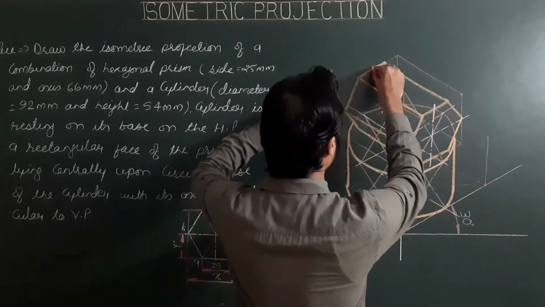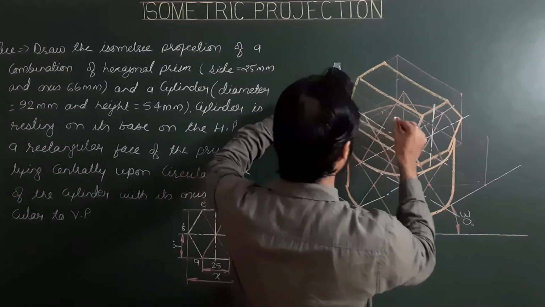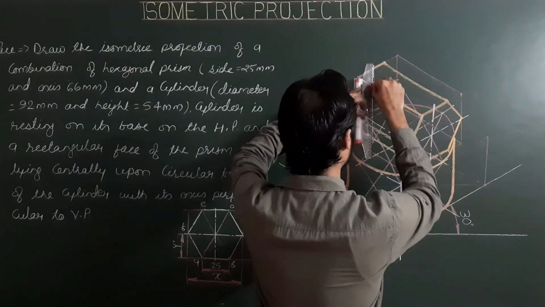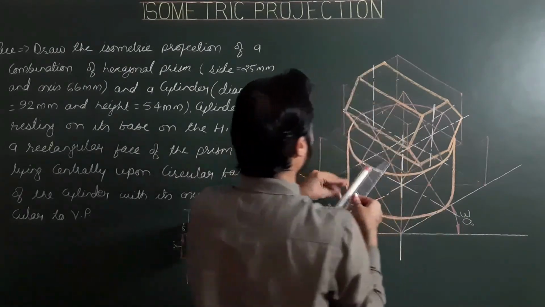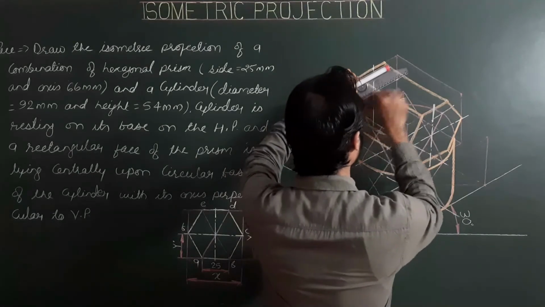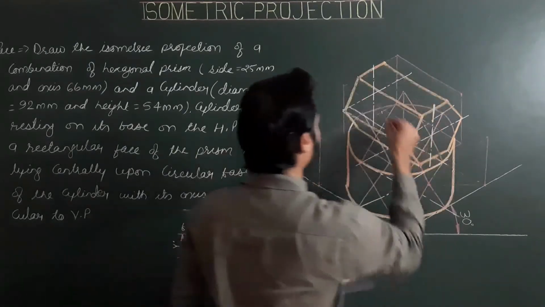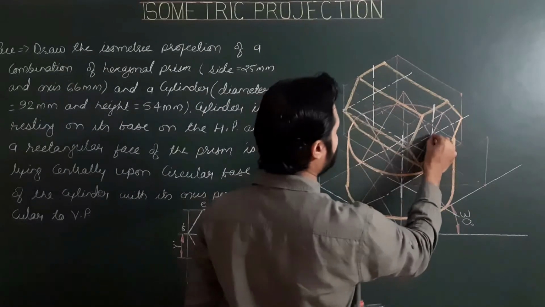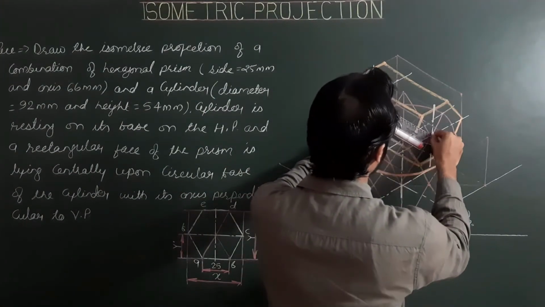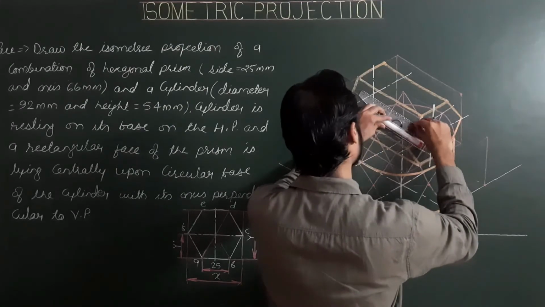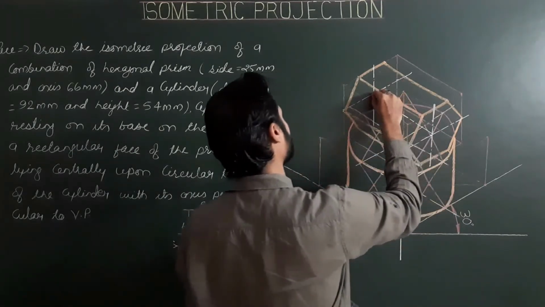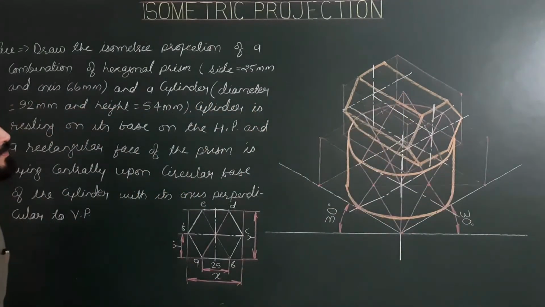Front base, and from midpoint to midpoint, and through these corners. Now from the rear center to the front center, the solid axis.